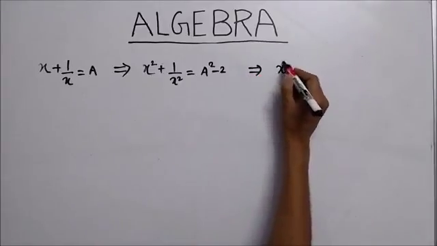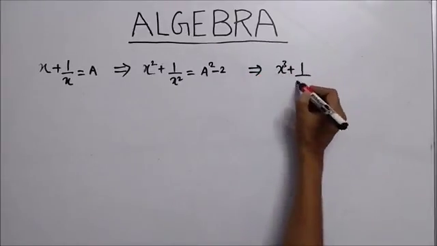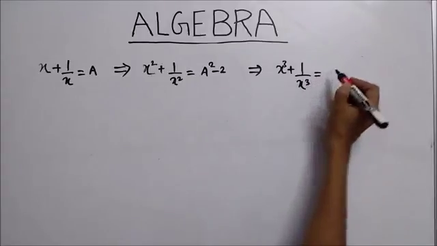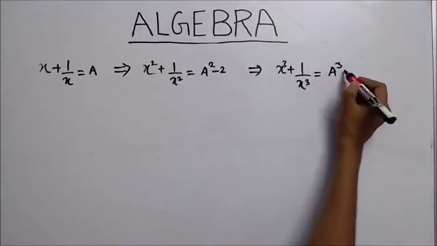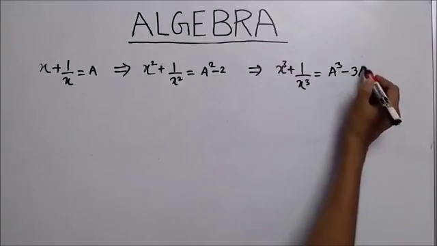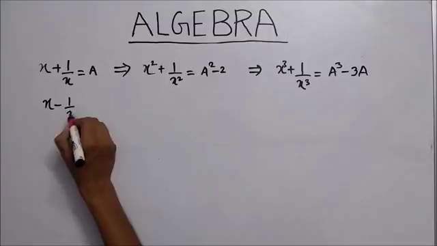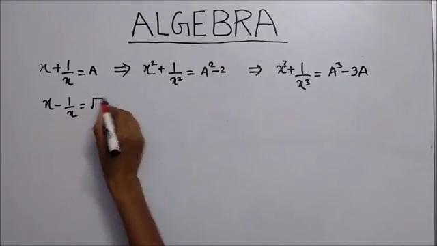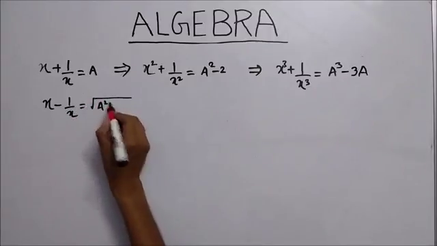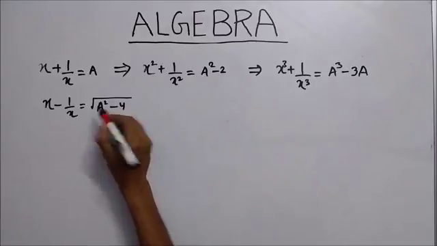Again, x cube plus 1 upon x cube always equals a cube minus 3a. Similarly, x minus 1 upon x is equal to under root a square minus 4.